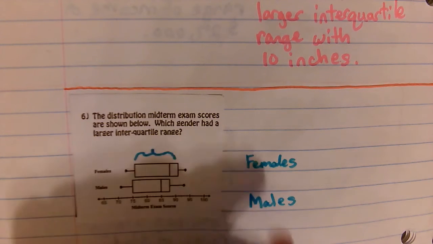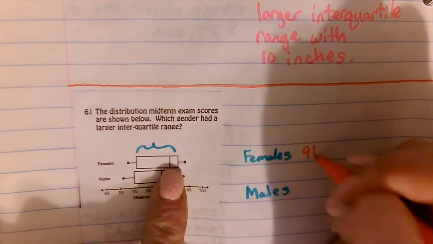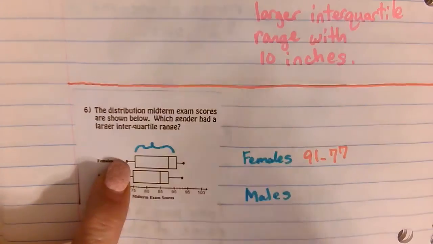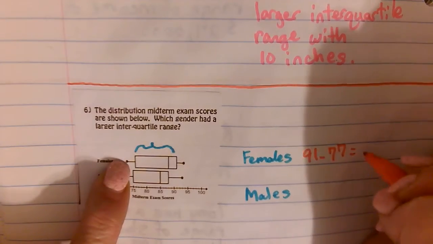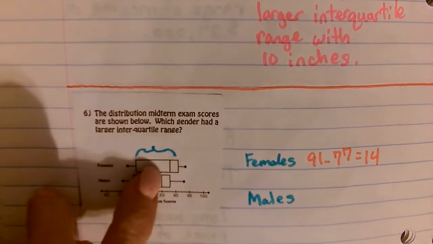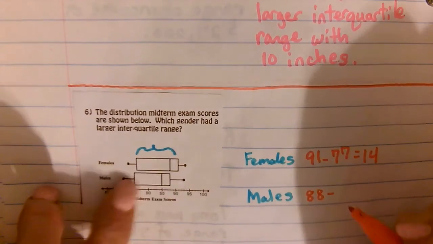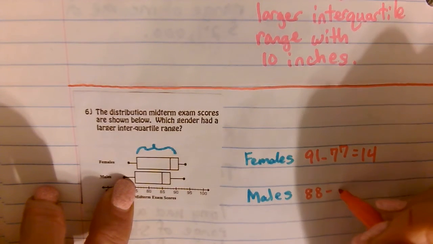When we examine both of these, for the females, the high end of the interquartile range is 91, and the low end is 77. So 91 minus 77 is 14. Now let's look at the males. The high end, right here, is 88, minus the low end, or that's the lower quartile, is minus 75.